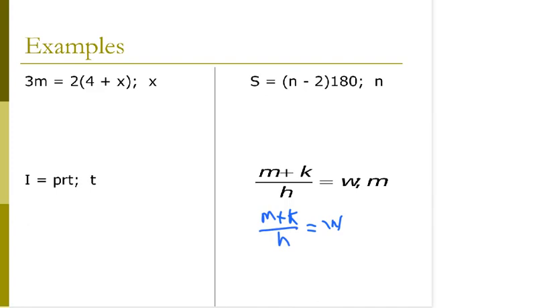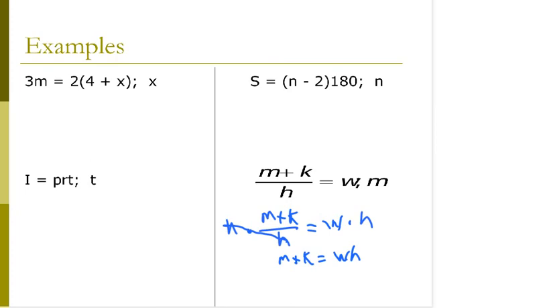These are going to eliminate because they're inverse operations, and we're left with m plus k equals wh. W times h, remember, is just wh. Put them together means the same as multiplication.